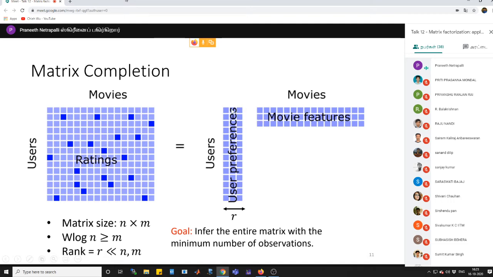So you can think of the user preferences as maybe depending on the age group of the user, the language of the user, the location of the user, and similarly, movie features may be the genre of the movie and the time period that the movie was released in, and things like that, right?